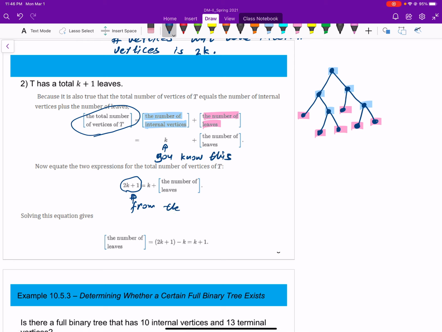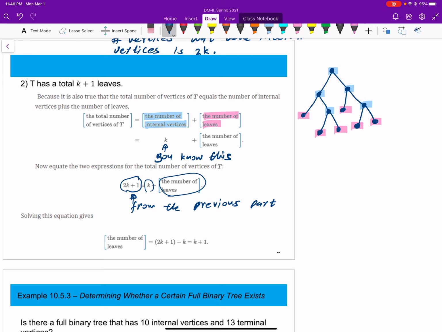From the previous part you learned the total number of vertices equals 2k plus 1. And you know it has k internal vertices. What you have to find is the number of leaves.